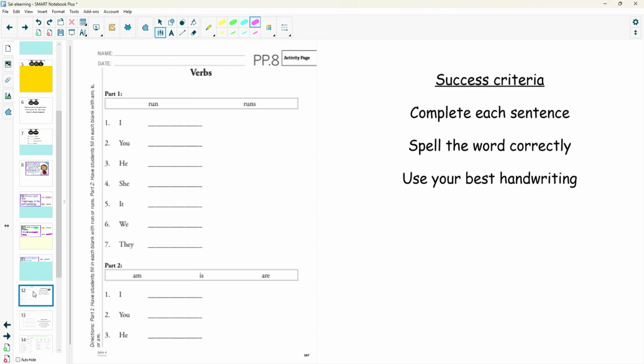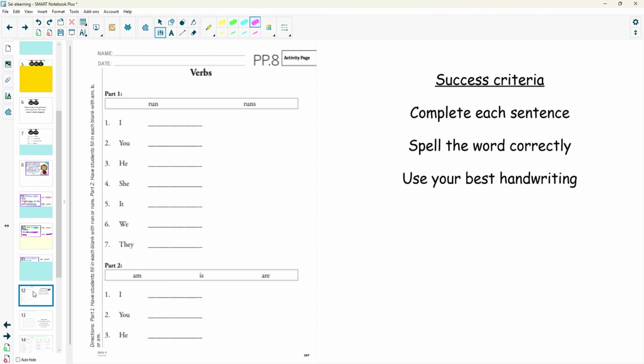In your packet, you have 2 pages to complete for reading. Now, both of these pages have a front and a back. So please make sure that you complete the front and the back of both pages. Here we have verbs. For part 1, you are going to fill in the blank with run or runs. You're going to have to decide if the verb run correctly completes the sentence or if the verb runs correctly completes the sentence.